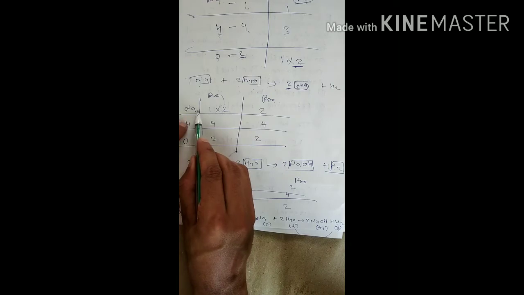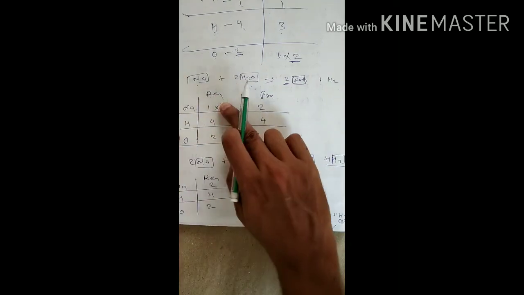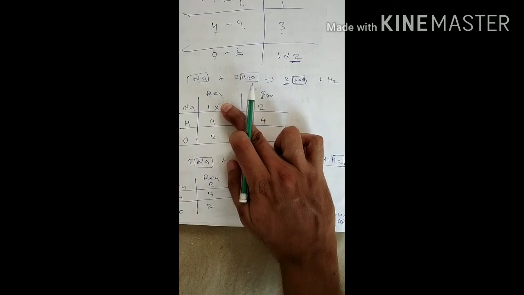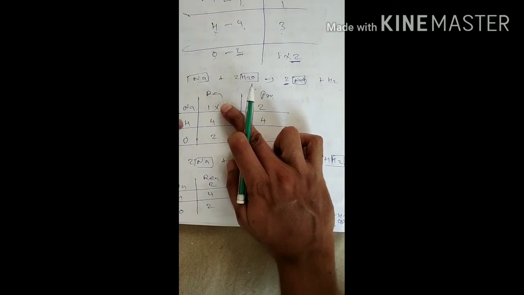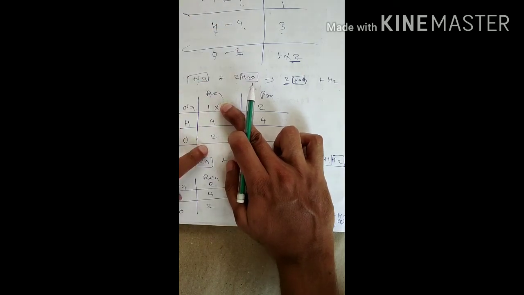Okay, so I have written the list here. On reactant side, sodium that is 1 here, hydrogen that is 2 2s are 4 here, oxygen 2 1s are 2 here.